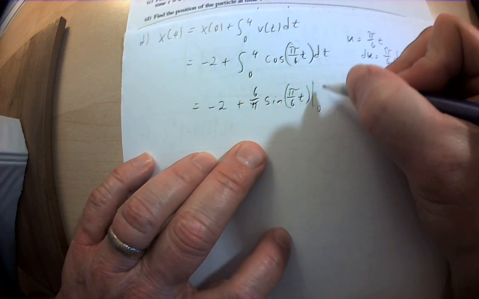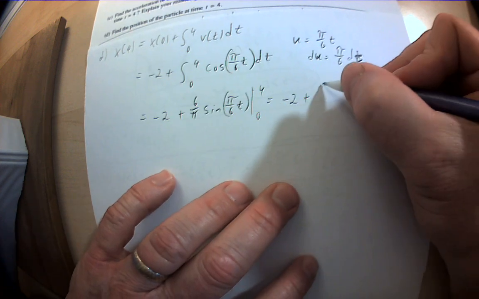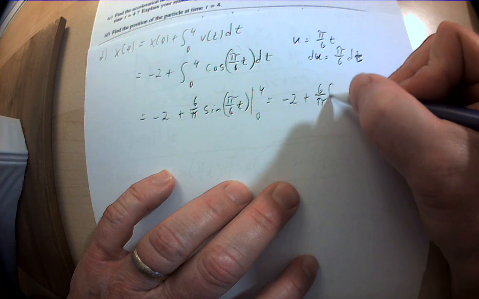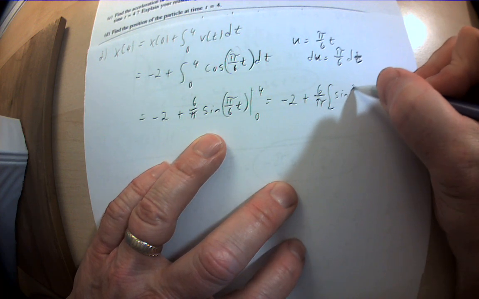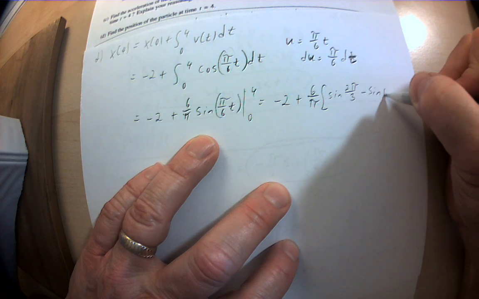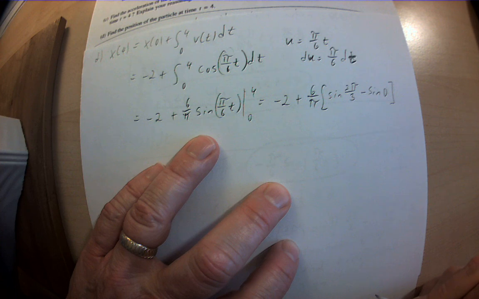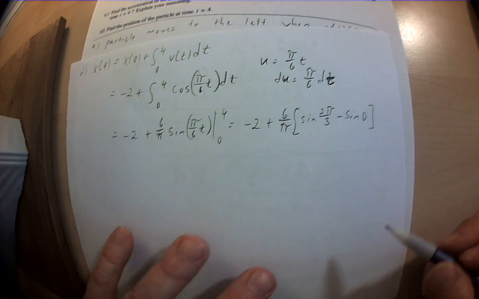So guys, I have to evaluate from 0 to 4. So it's negative 2 plus 6 over pi times sine 2 pi over 3 minus sine 0. Sine 0 is 0. Sine 2 pi over 3, I found over here, was root 3 over 2.